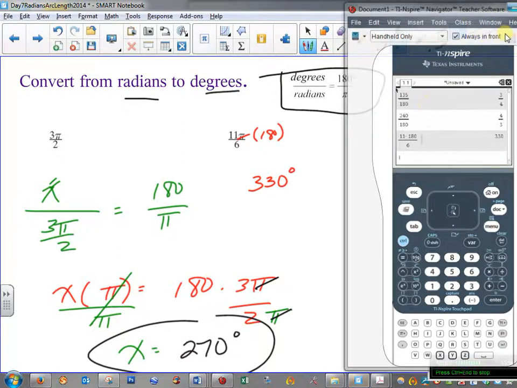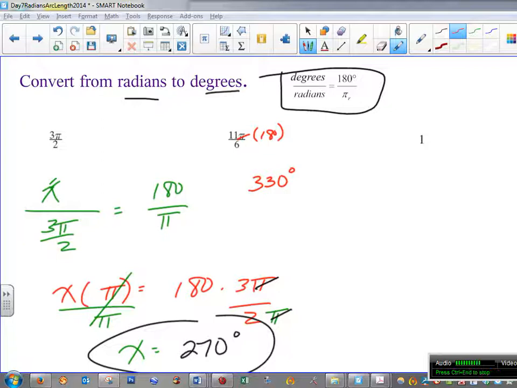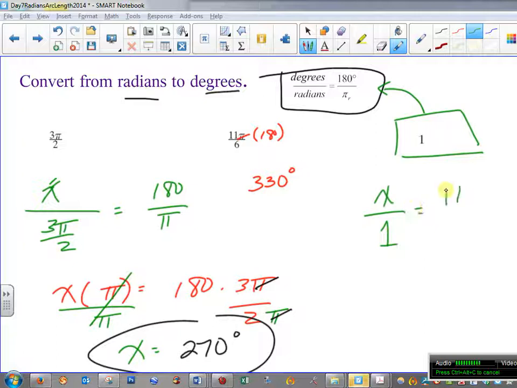Let's move on to the last issue here. In the case of the last problem, I've got a radian measure of 1. So that's not going to be easy to just replace the pi with a 180. I won't be able to do that. I'm going to be forced to use the formula on this one. So I don't know what my degrees are, but I do know what my radians are. On the other side of the proportion, I've got 180 degrees over pi. So x times pi is equal to 180.